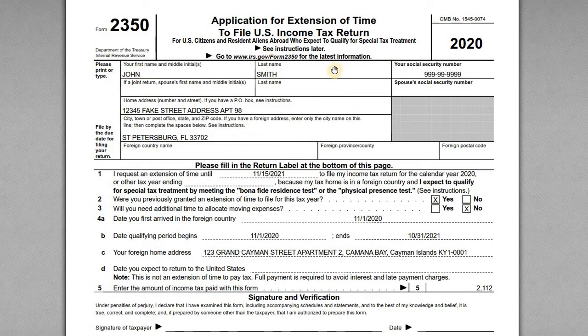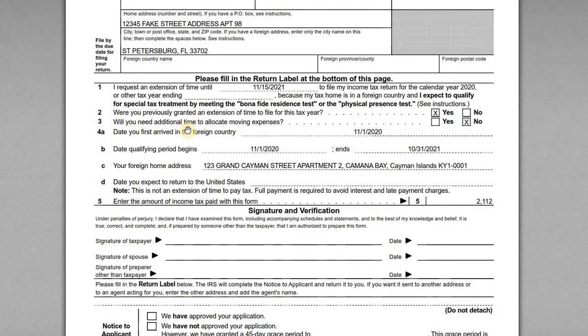Now, if we look at the 2350 itself, we can see how the form is designed to try to fit this fact pattern here, right? So we've got John Smith, a mailing address for him in the U.S. He wants to get his mail sent here, right, because it's perhaps more reliable than having it sent to Cayman. But so we have John's name, his mailing address, and this is where he indicates why he needs that additional time.